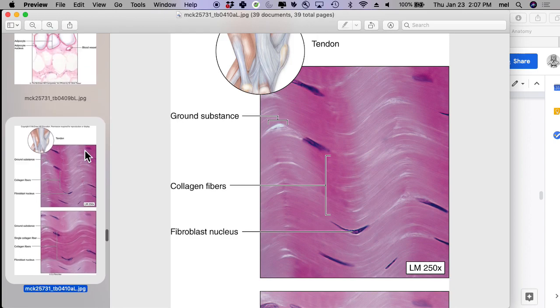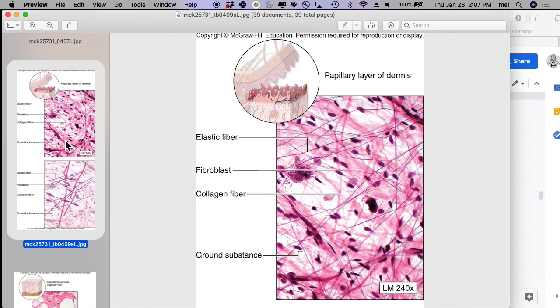Dense. And then the other one is loose, yeah? What you're talking about with loose versus dense is how much of the matrix is packed with fibers. That tells you loose versus dense. Does that make sense? Okay. So the loose connective tissues, do you think that those tend to be a little stronger or a little weaker than the dense connective tissues?